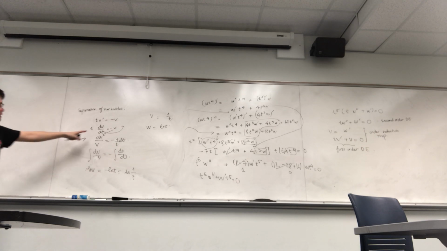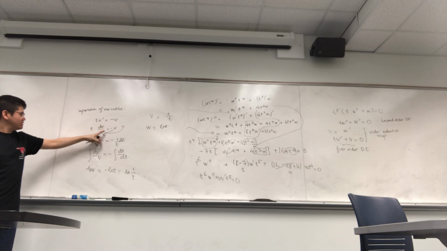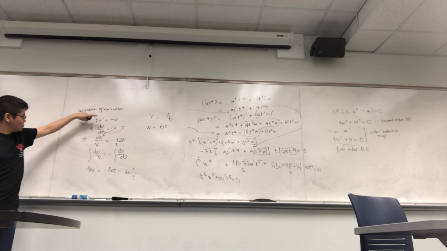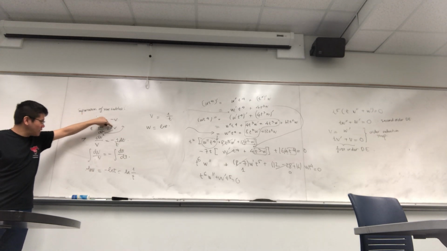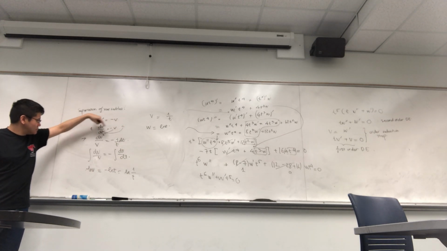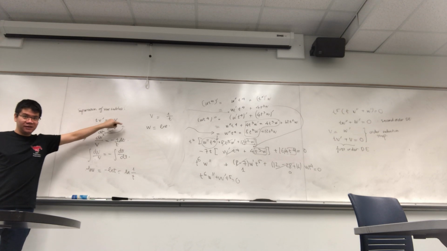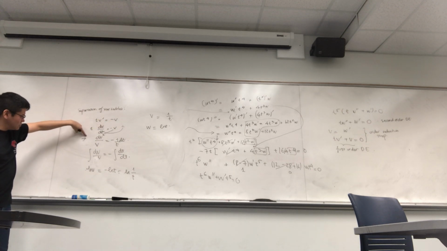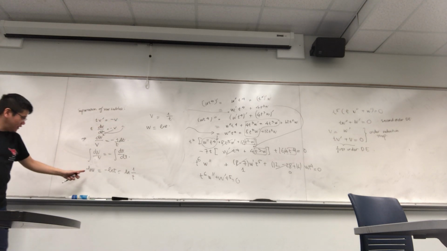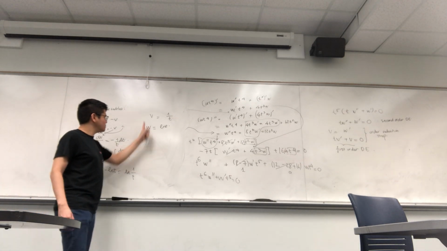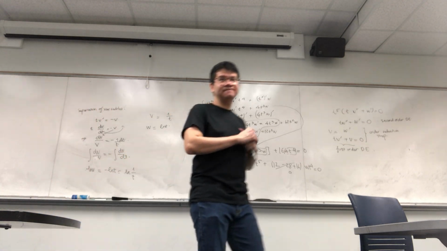So what you do is you write v prime as dv over dt. So basically, you have t times dv over dt is minus v. You put all of the t to the other side, and you put all of the v to the left hand side. You integrate, you find log v is log of 1 over t, so v is 1 over t, and w is log t, right?